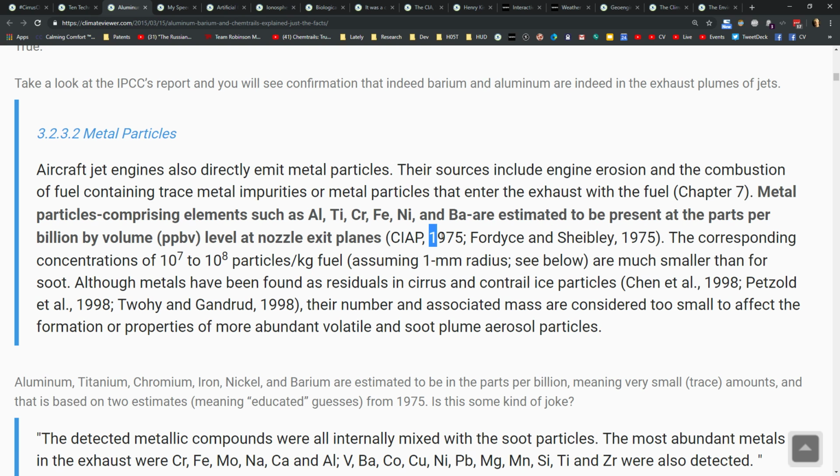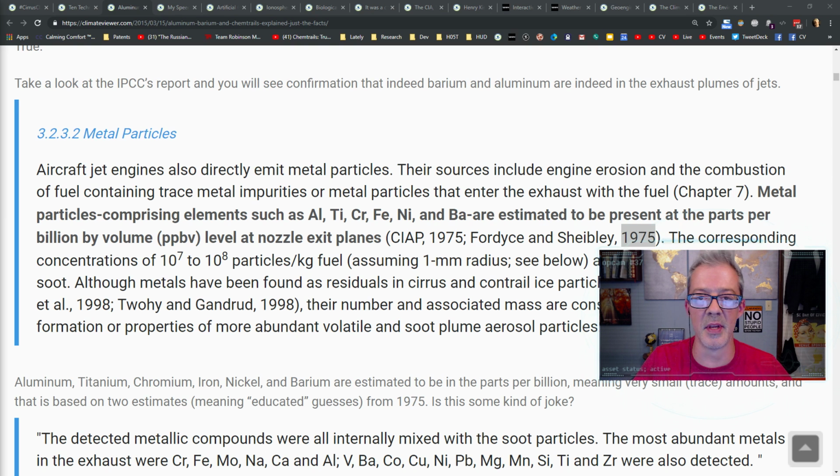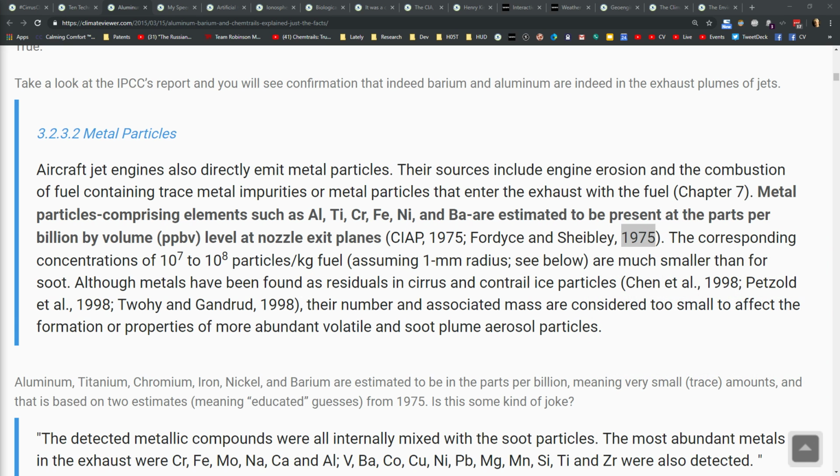And this is from an estimate from 1975 from the CIAP and these two dudes, 1975. Now, first off, I'd like to point out, come on, IPCC, that's the best you can do, is two estimates from 1975.